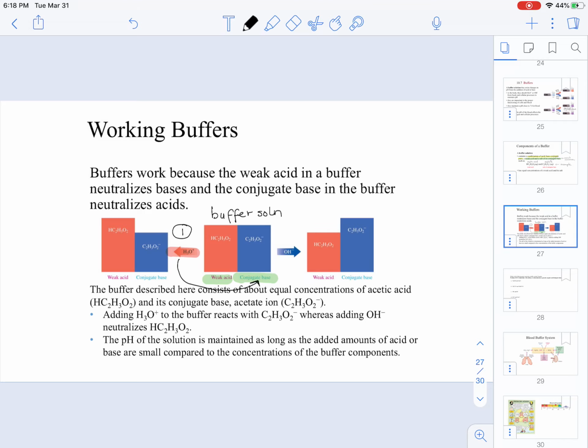Because the conjugate base has a negative charge, it accepts a proton from the acid and is converted into the weak acid. That's why we see an increase in the concentration of the weak acid and a decrease in the concentration of the conjugate base.